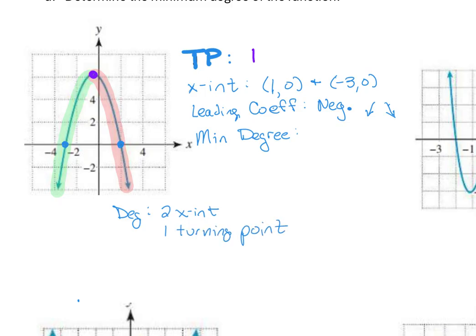The one that we do want to focus on is, both of them tell us that our minimum degree is 2. We have 2 x-intercepts. And remember that the number of turning points is always 1 less than the degree. Okay? And so that's what we have here. Our minimum degree is going to be 2.